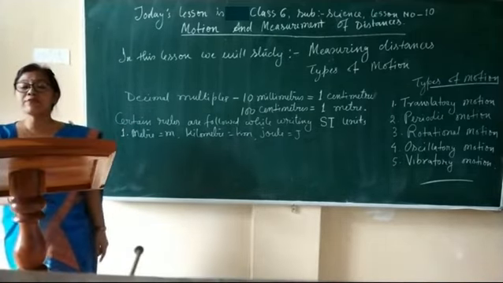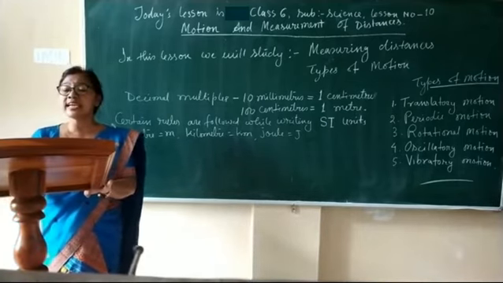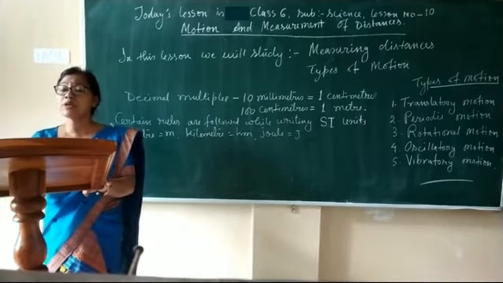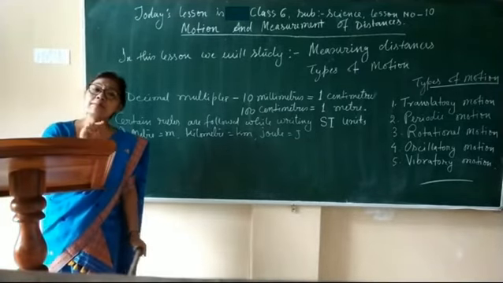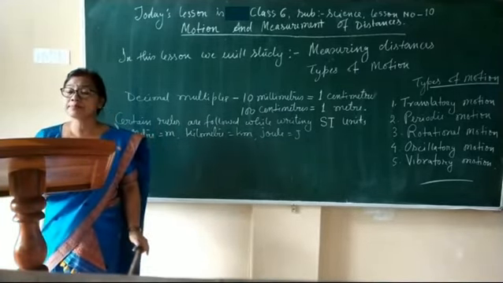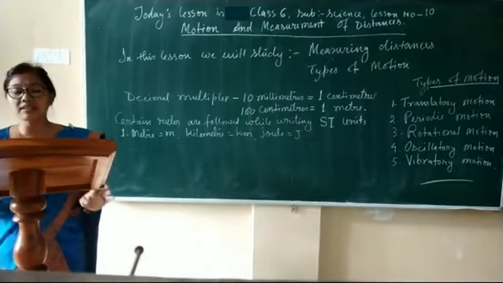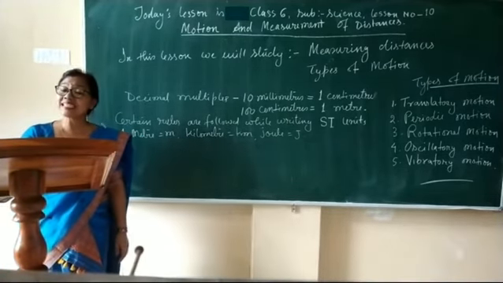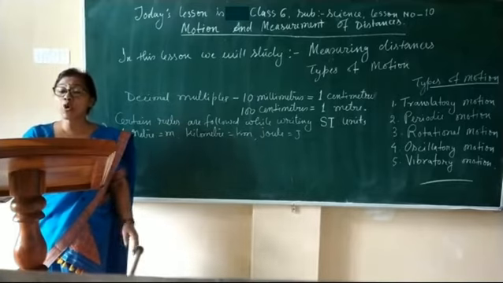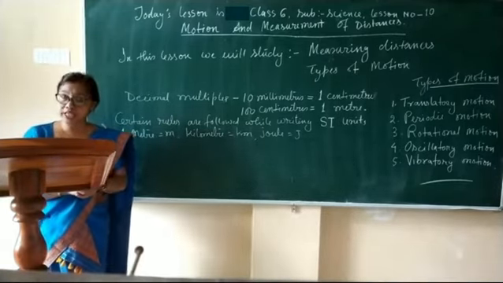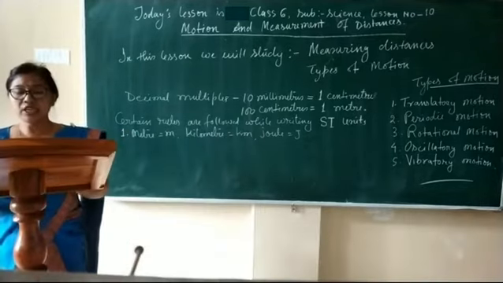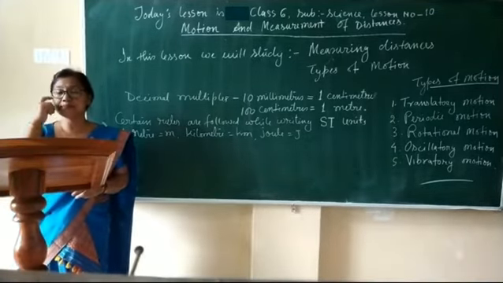Another important feature of this motion is that different parts of the object cover different distances in the same period of time. The motion of the earth about its axis or that of a spinning top are examples of rotational motion.